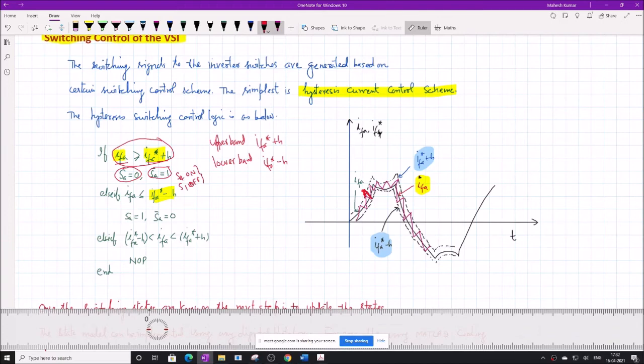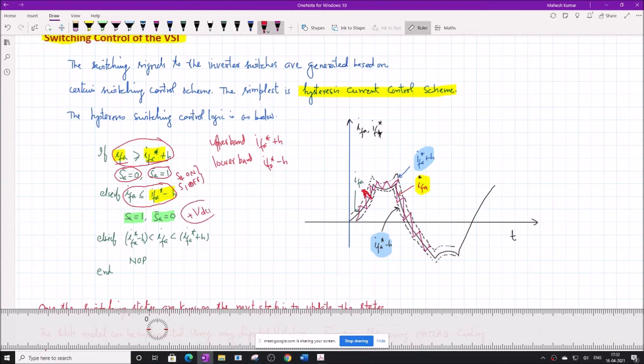Then we compare if the current is less than IFA star minus H, that is, less than the lower band of the IFA star. Then we do the opposite. We need to increase the current and therefore SA is 1, SA var is 0. This means we apply plus BDC1.